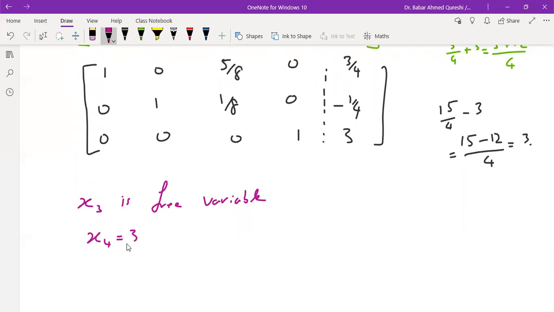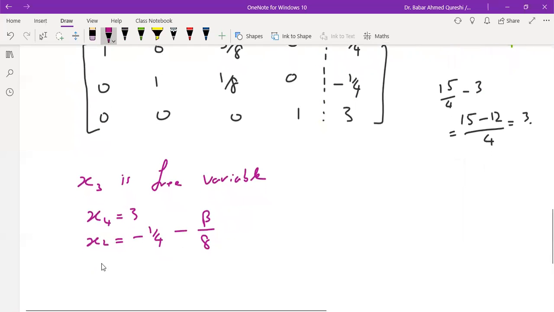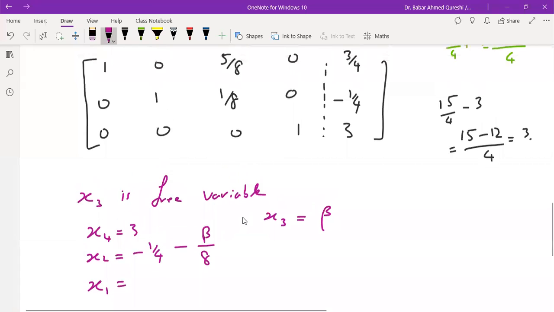X4 is 3, X2 is minus 1 by 4 minus 1 over 8 beta, and X1 is, where I'm calling X3 as beta, because I'm going to give it all values.